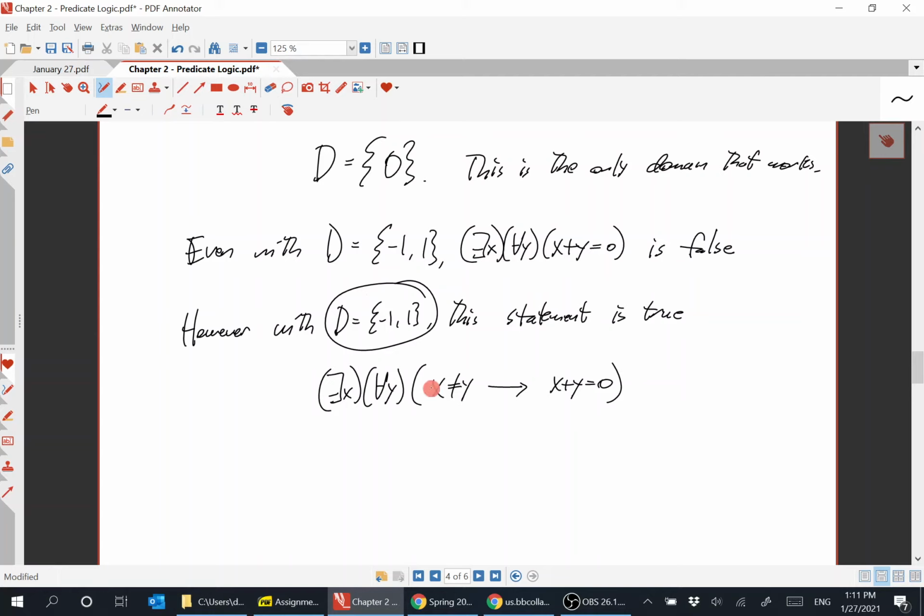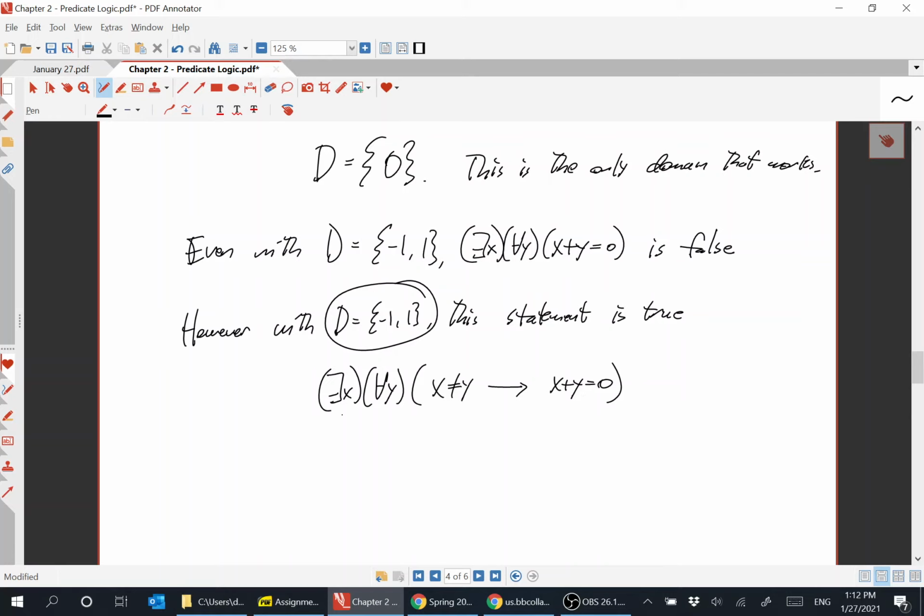Here's the domain, here's the statement. So there exists something in the domain that satisfies this statement. Which x do you think would work? Only two choices. Flip a coin. -1. X equal to -1, fine.